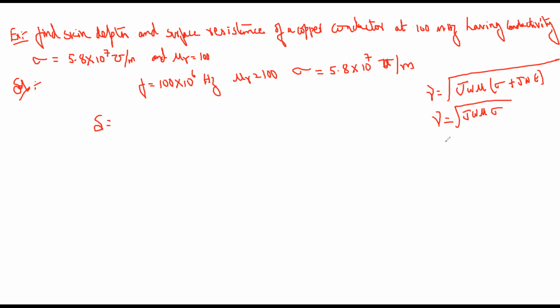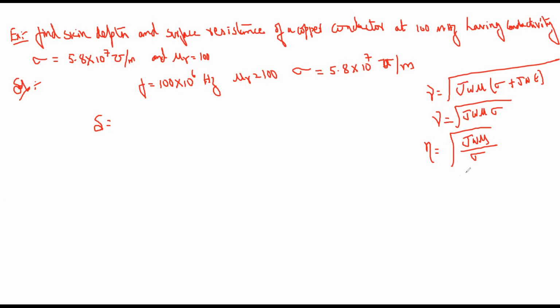So in this, the conductivity, the propagation constant, and the intrinsic impedance are related. The intrinsic impedance eta is equal to under root of j omega mu by sigma.